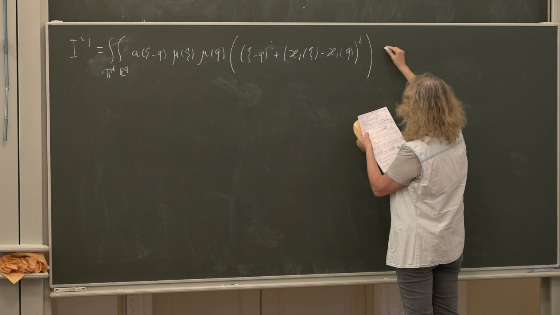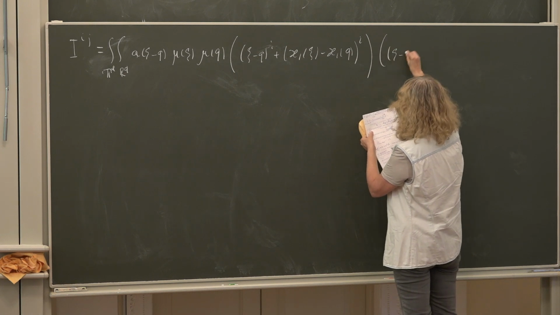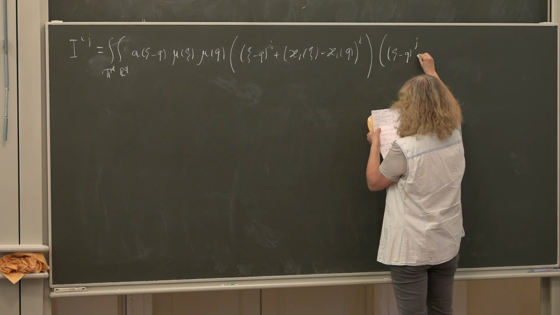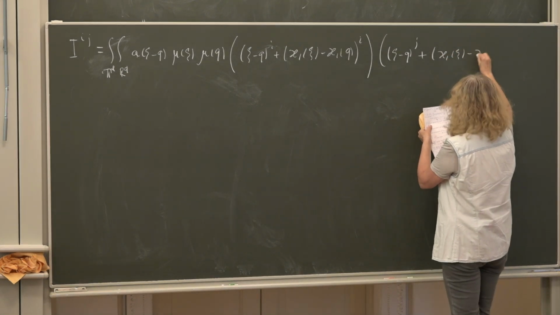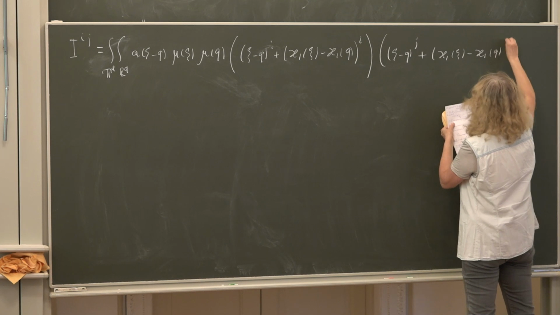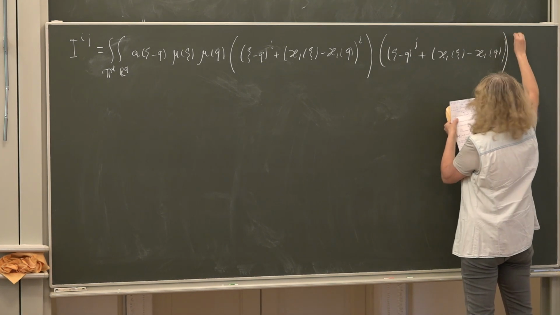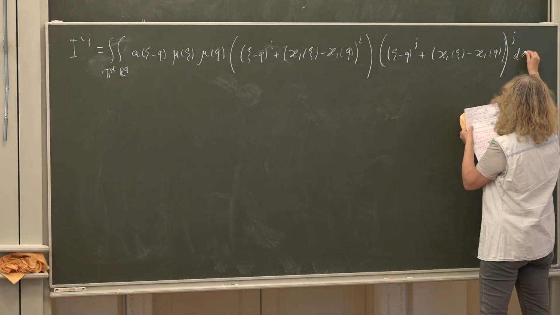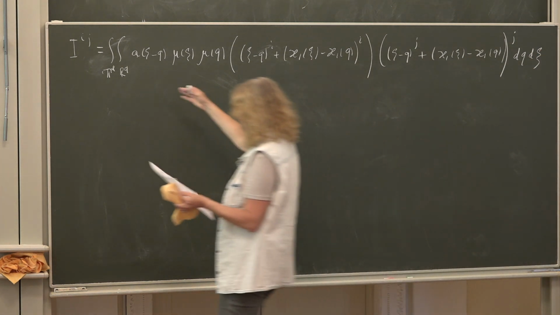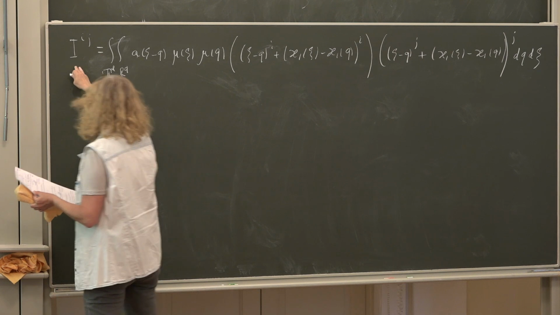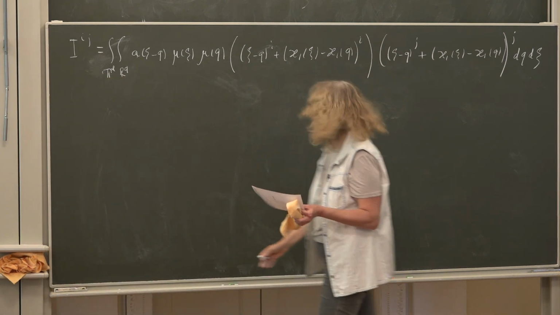Component with index i, and there is the same component with index j, dq d psi. So for this matrix, of course, it is clear that this matrix is positive definite.